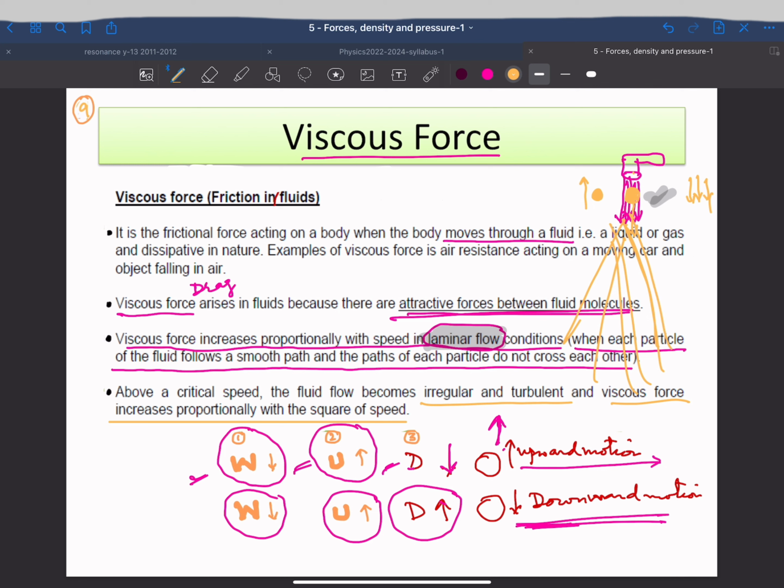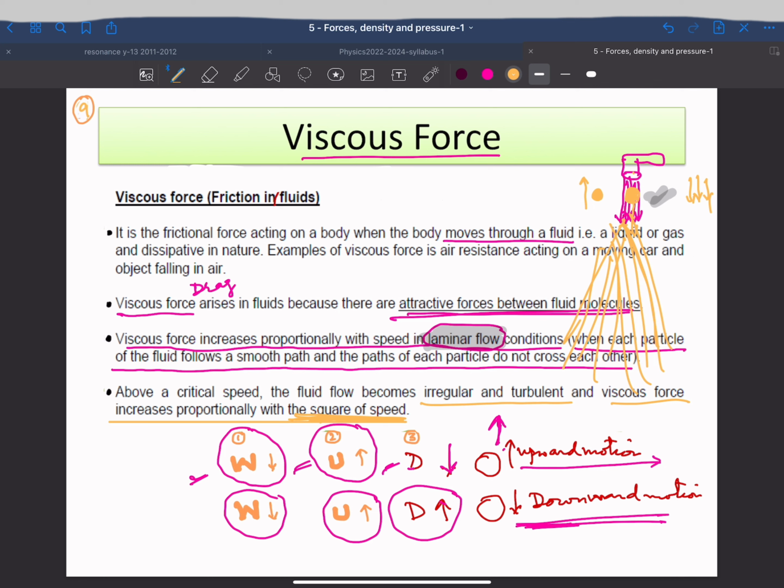So you have the turbulent situation, and the water molecules are not moving in a straight line. They are moving irregularly, and this is nothing but turbulent flow. So this is the situation where we talk about proportionality to the square of the speed. As I said, you need not go into that detail, but it is just to give you the idea of what the situation is here.